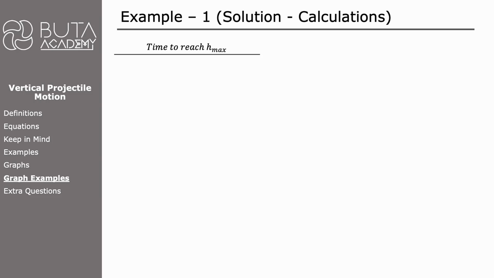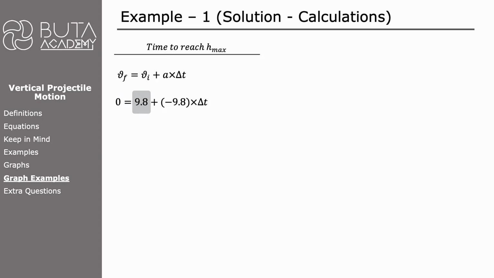We can use the formula V final is equal to V initial plus A times delta t to calculate the time it takes the ball to reach the maximum height. We already know that at the maximum height, the velocity of the object is equal to 0. In the question, it is given that the initial velocity is equal to 9.8 meters per second.